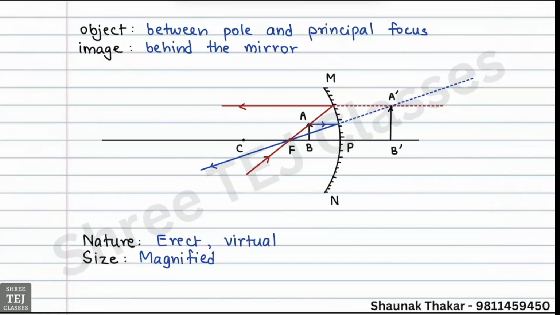So if the object is placed between pole and focus, this is the object here, AB, then the image formed is behind the mirror. The nature of the image is erect and virtual, and the size of the image is magnified.